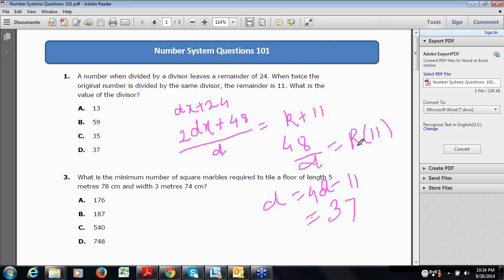It can leave a remainder of 11 only when it is 37.